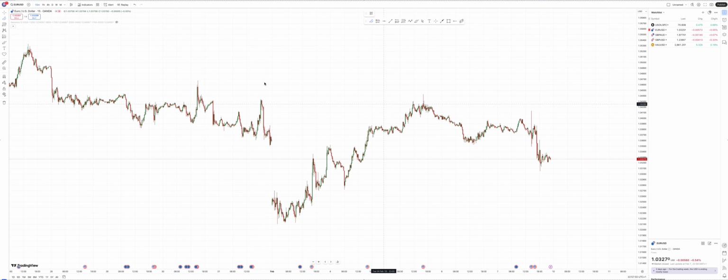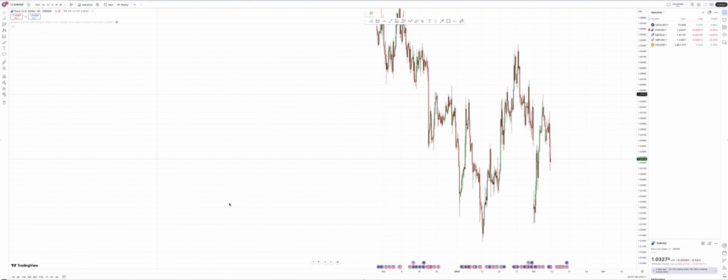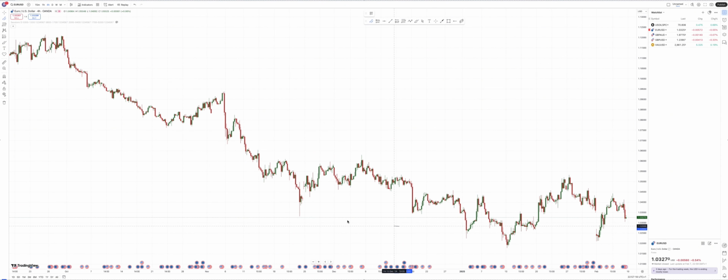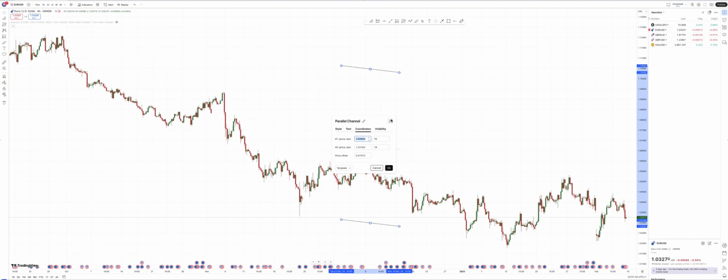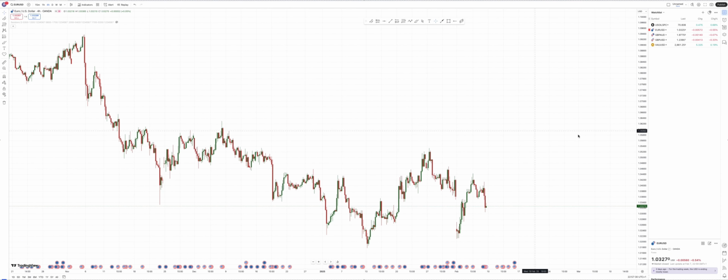If you start from the H4 time frame, looking at Euro USD, what can we see here? Yeah, guys, we can see that this price is basically on a downtrend.